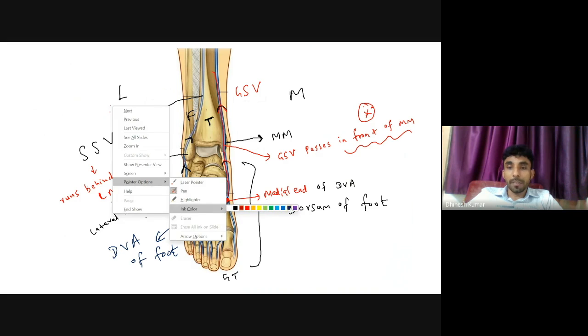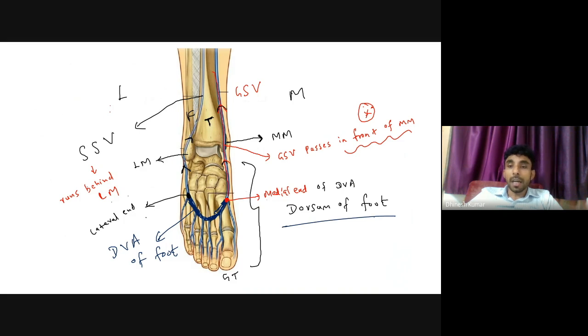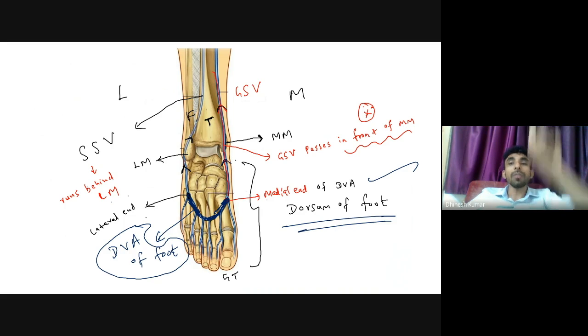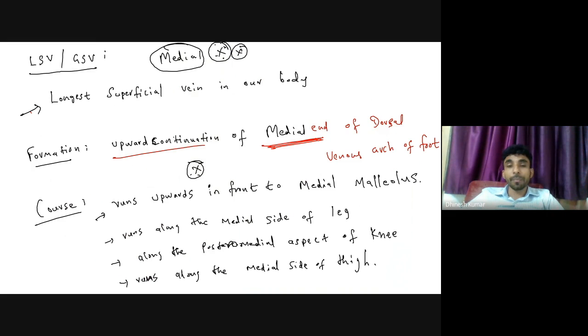At the dorsum of the foot, there is one arch called dorsal venous arch of the foot, which has a medial end and a lateral end. The medial end of the dorsal venous arch continues upwards as long saphenous vein.